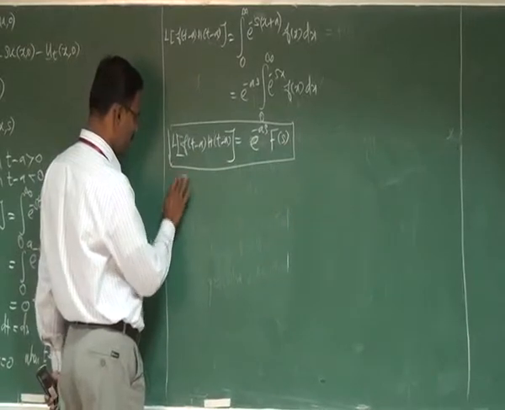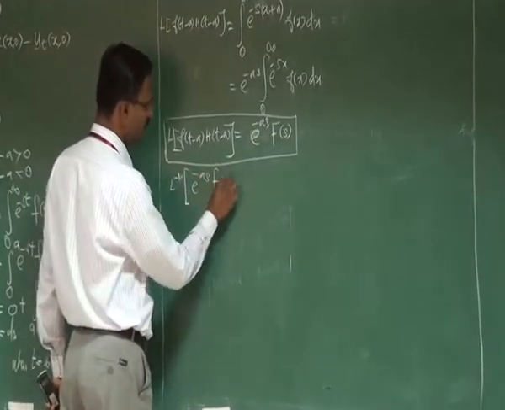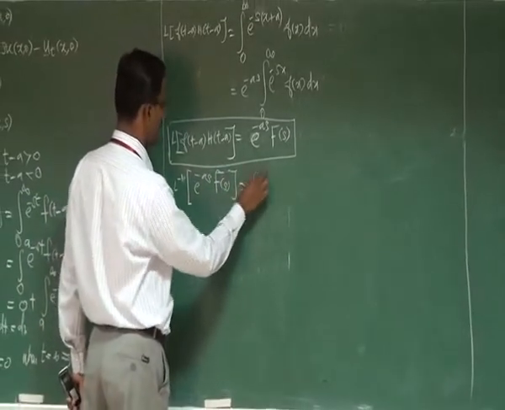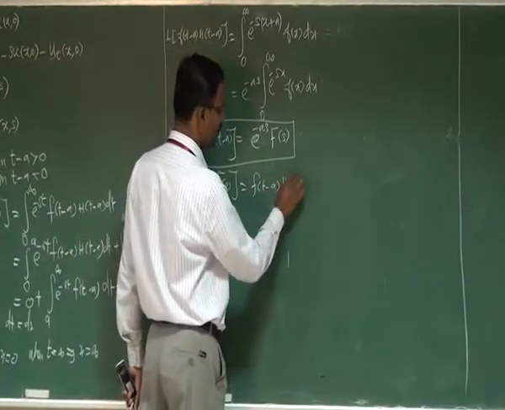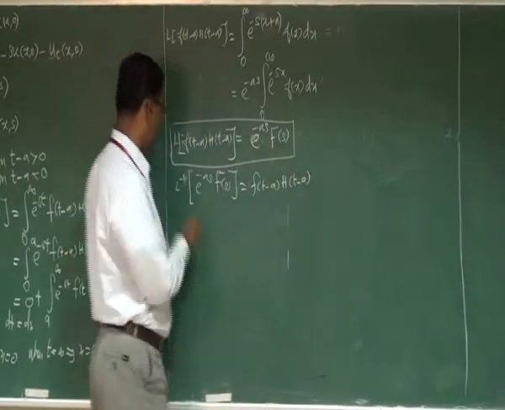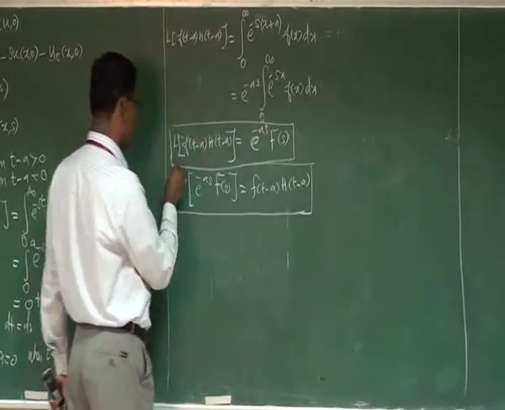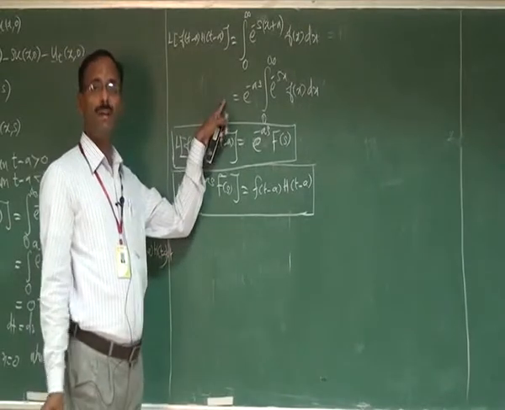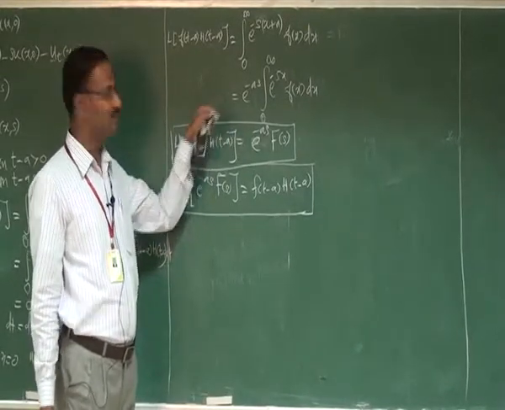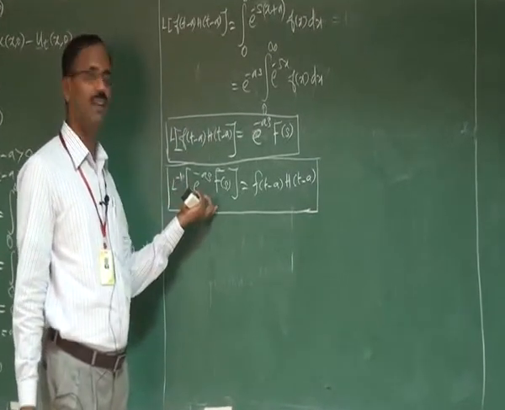Now, the inverse Laplace transform of e power minus as into f of s is equal to f of t minus a into h of t minus a, because at the time of solving the one-dimensional wave equation, we are going to find the L inverse of this nature.